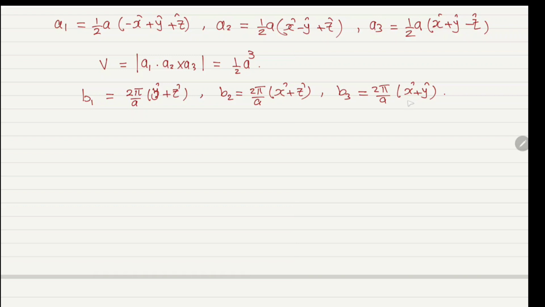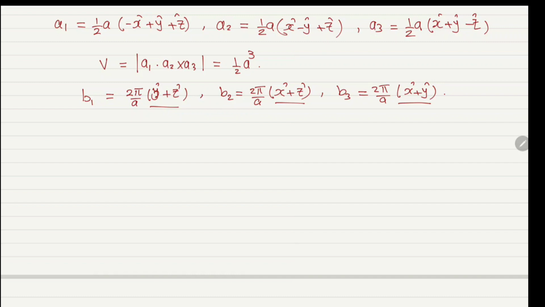Now if we look at the results here, this is similar to the lattice primitive vectors for FCC in real space. So the reciprocal of the BCC structure is actually an FCC structure.